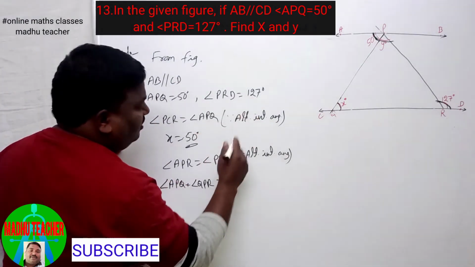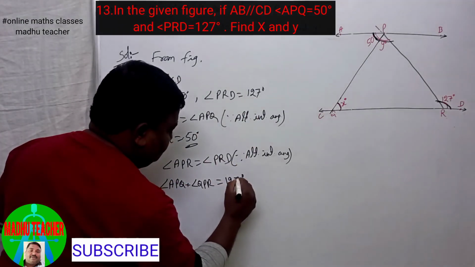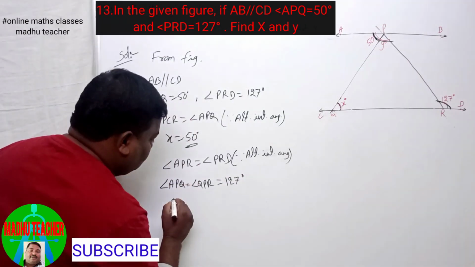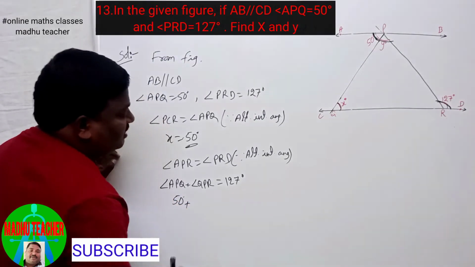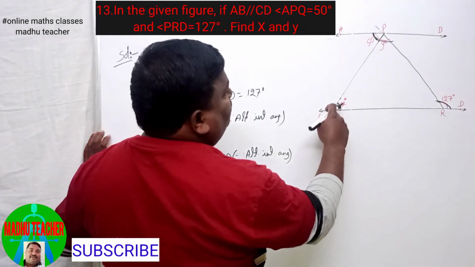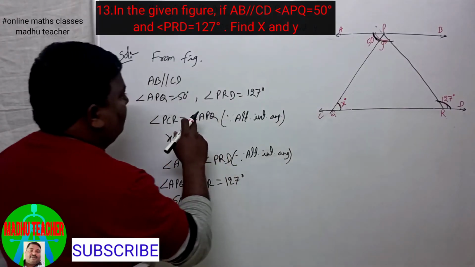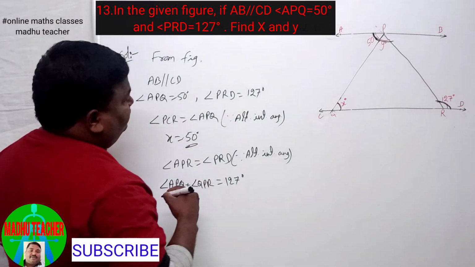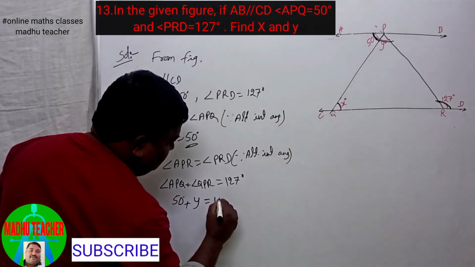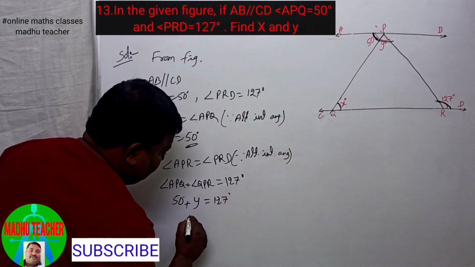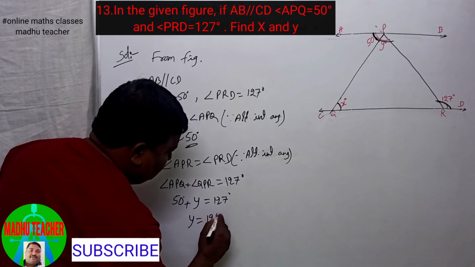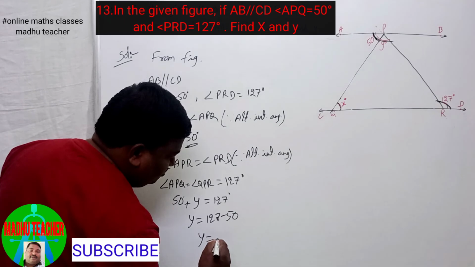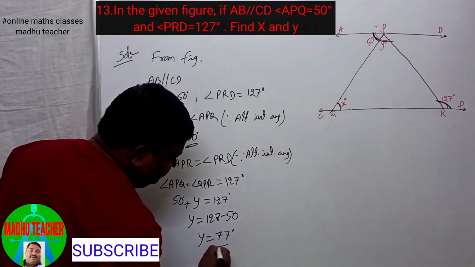What is the angle PRD? 127 degrees. Angle APQ is 50 degrees plus angle QPR, y, equal to 127 degrees. y equal to 127 minus 50, that is y equal to 77 degrees.